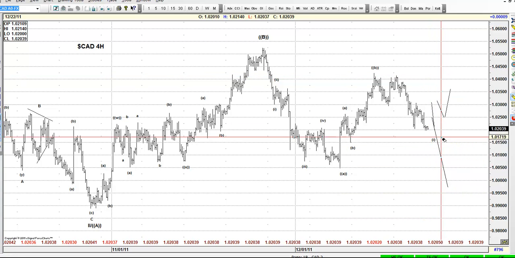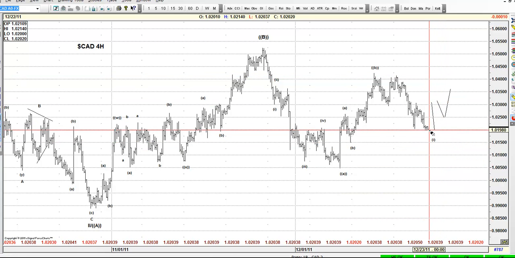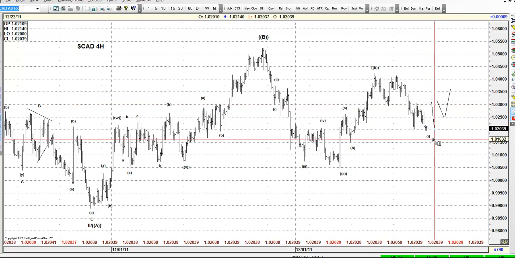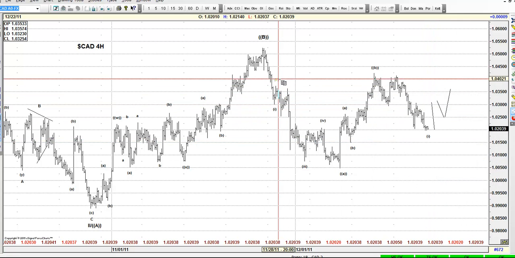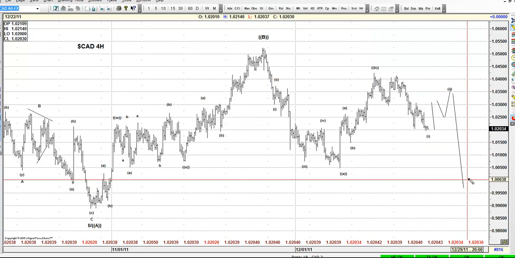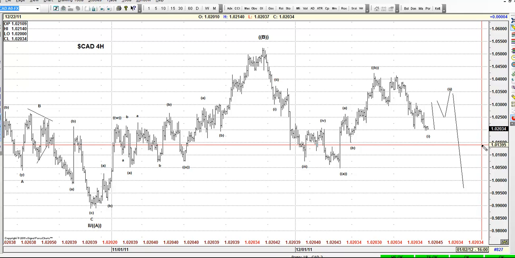I'm favoring, maybe the standard, or maybe this is just wave 1 that's taking place. We're going to correct in wave 2, and then the risk is going to keep going lower. But it's very clear what the direction of the market is.